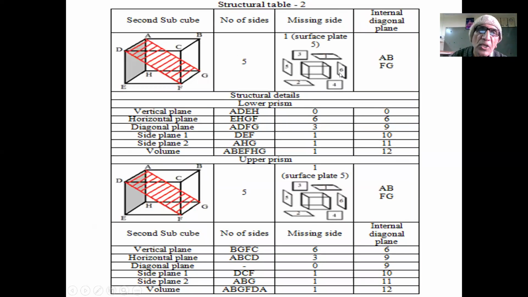Now, if we take up the second subcube, then this setup again of a pair of prisms will be of contributions of 12 components for both of these prisms.